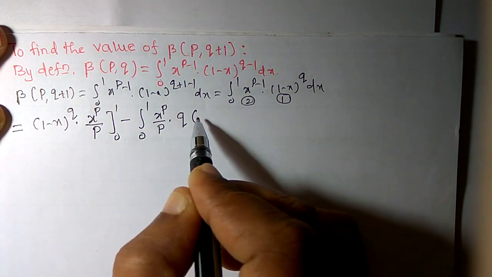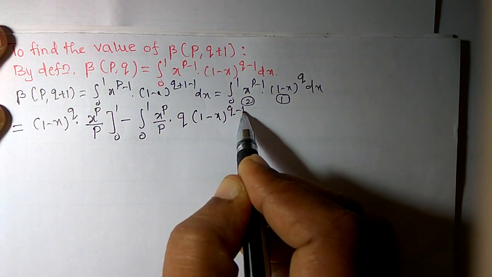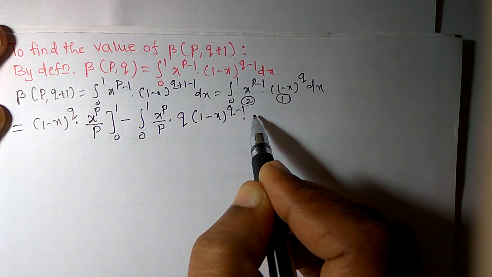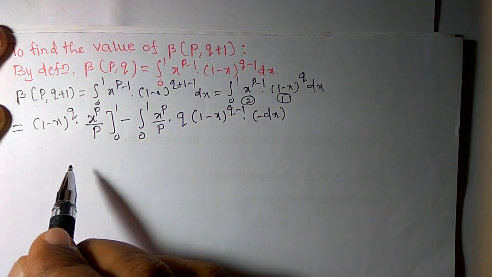So n into x raised to n minus 1. Using that formula, I can obtain q into 1 minus x raised to q minus 1, but it is not x, that's why I want to differentiate. I can obtain minus times of dx.